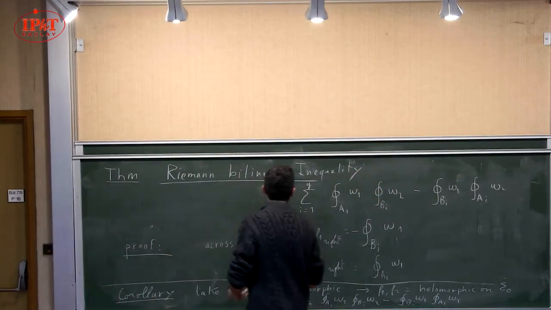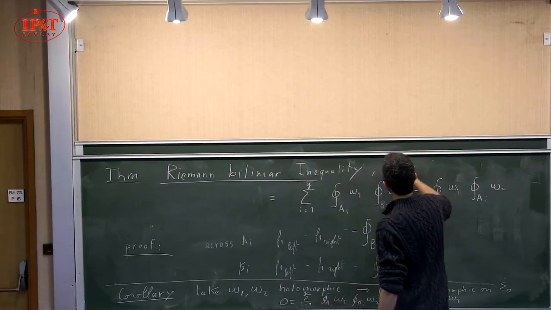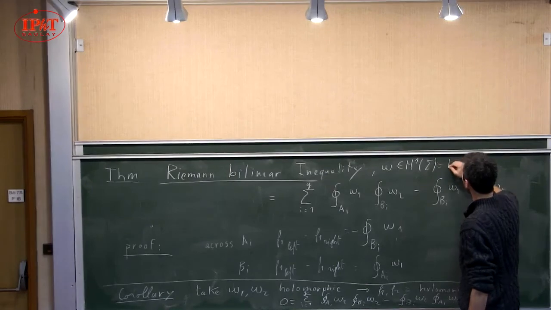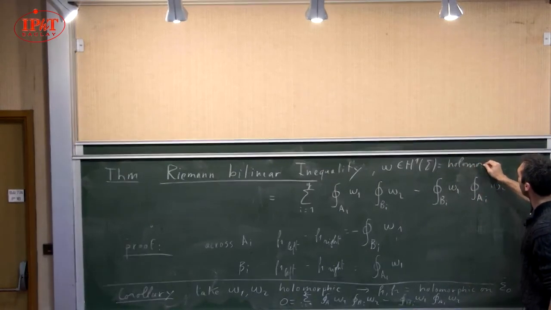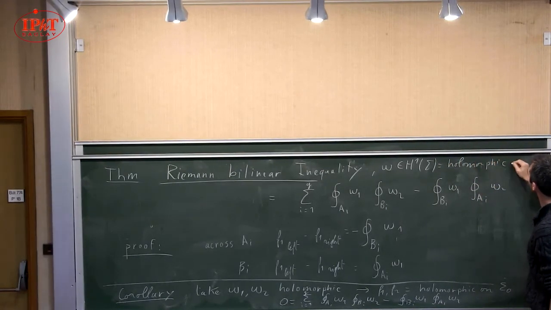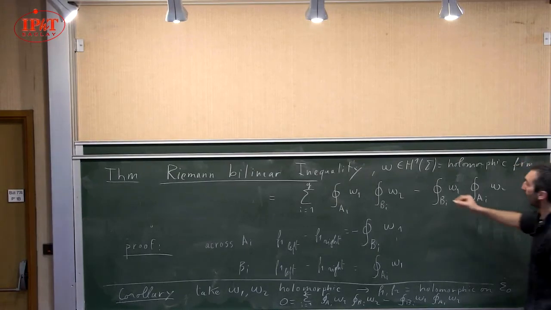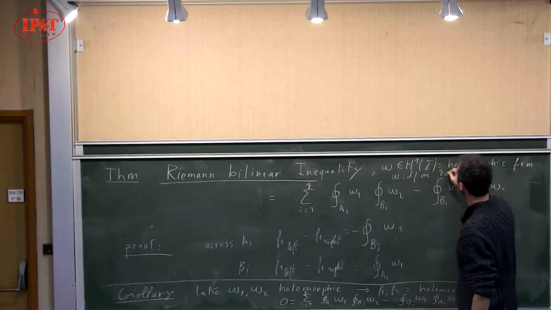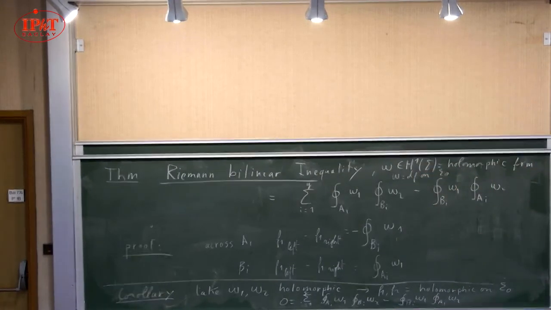So take omega, and omega equals df on sigma 0. So take omega a form without poles.